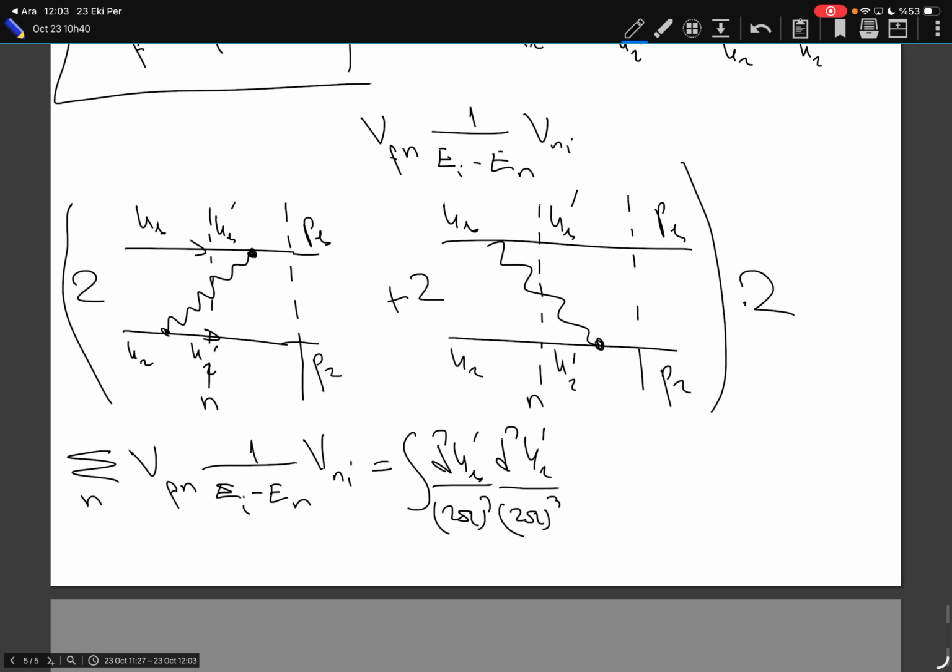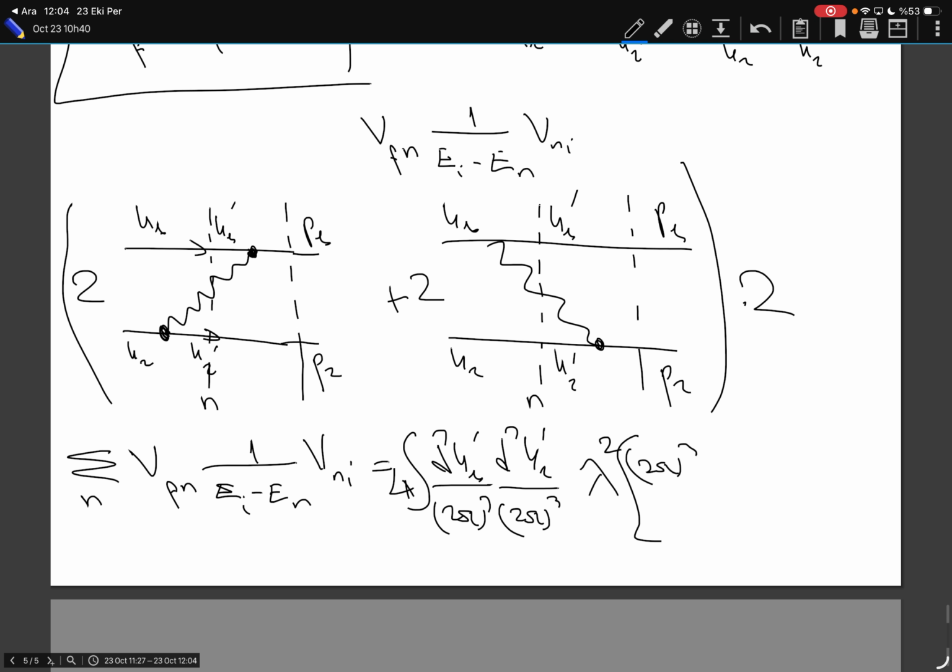And then I have, you see, at each one of these vertices, there will be a factor of lambda. And then I have energy conserving Dirac deltas, momentum conserving, 2 pi cubed.